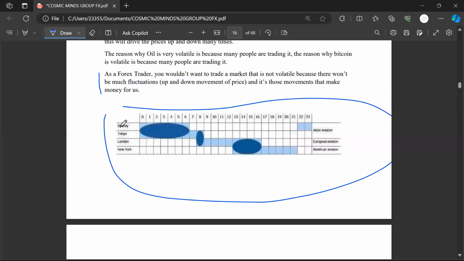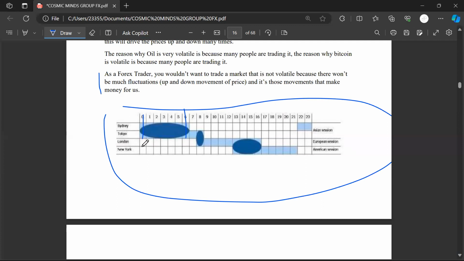Take Sydney for instance, right? The numbers represent the hours that the market is opening and closing. So for Sydney, this is the time range here and here. Even when you look at Tokyo, Tokyo also opens, you see what is happening.